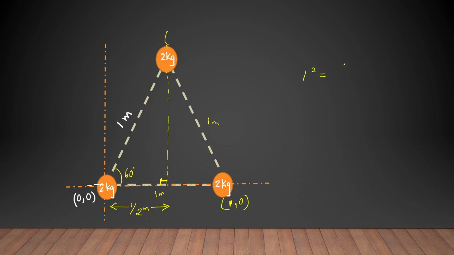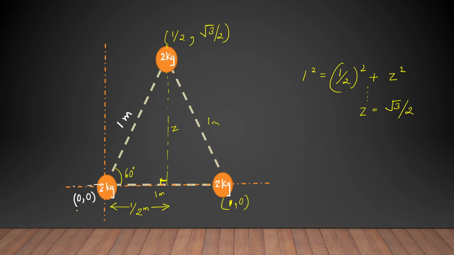So 1 square will be equivalent to half square plus the length of this we'll consider as z. We need to find z square. When we solve this, we get the value of z, okay, as root 3 by 2. So we get that on x-axis 2 kg is at half, okay, and on y-axis it is z. Z is equivalent to root 3 by 2.